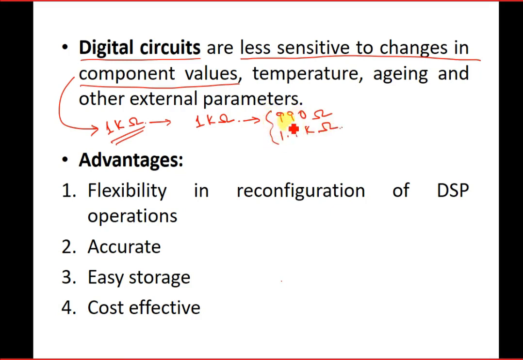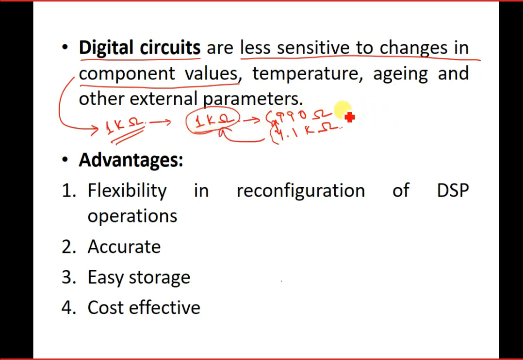This variation is due to the variation while we are making the resistance. It is not possible to exactly make a 1 kilo ohm resistance.